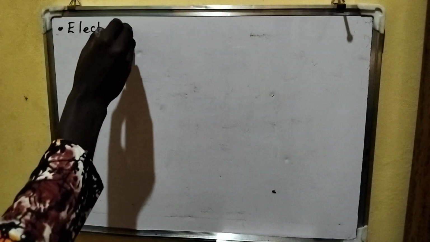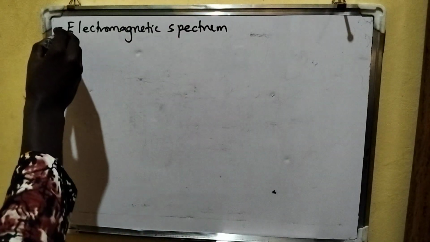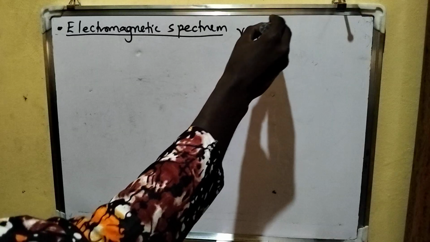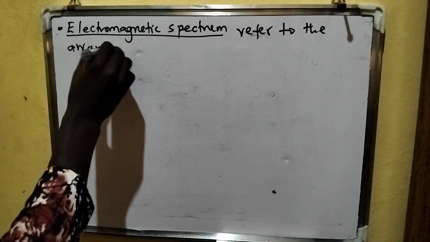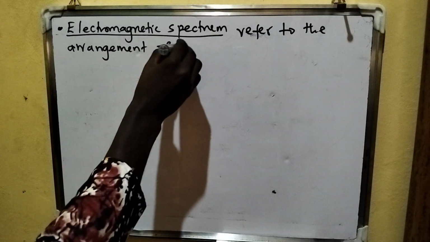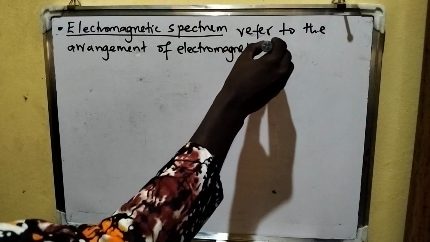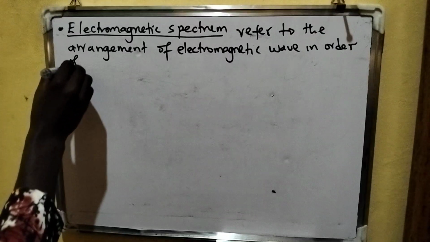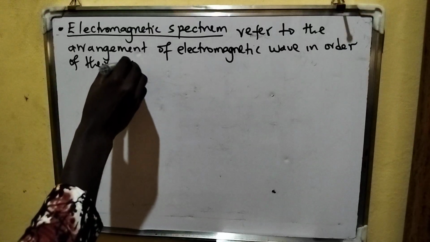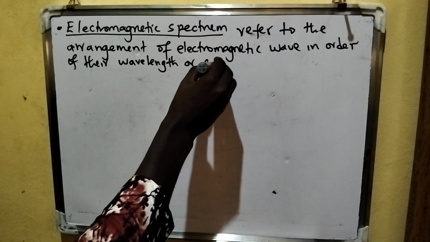Electromagnetic spectrum refers to the arrangement of electromagnetic waves in order of their wavelength or frequency.